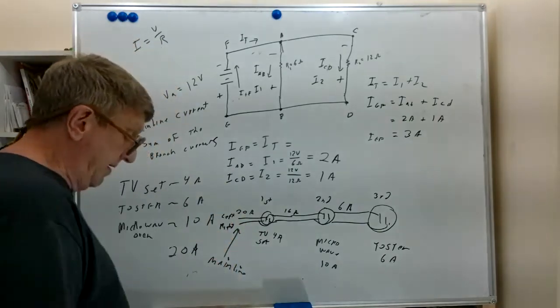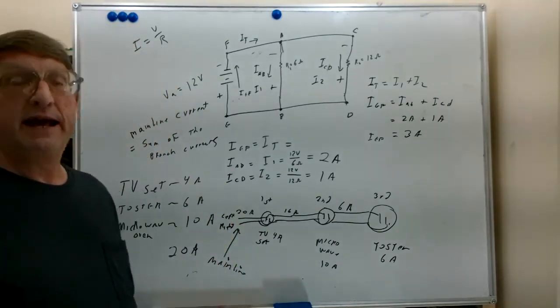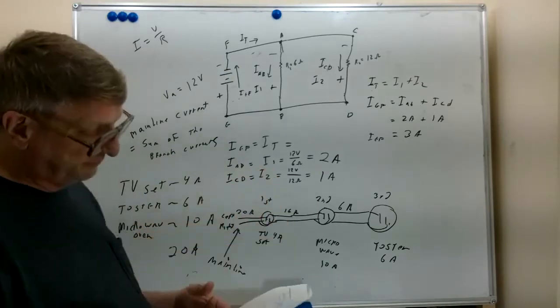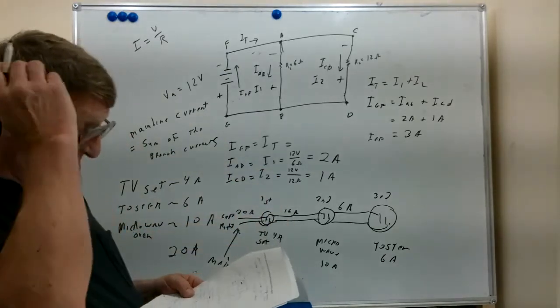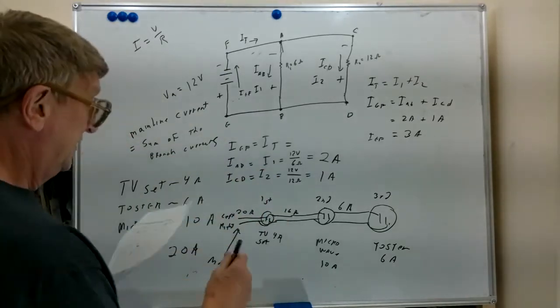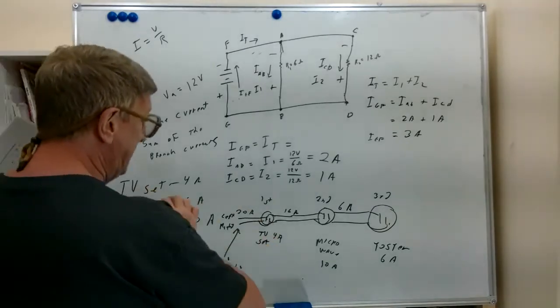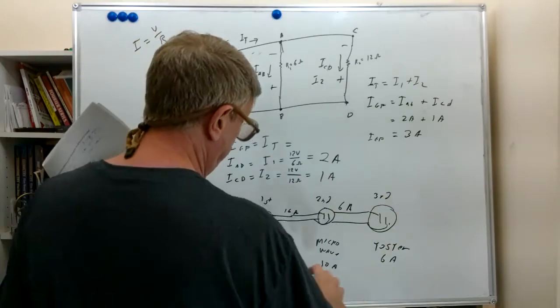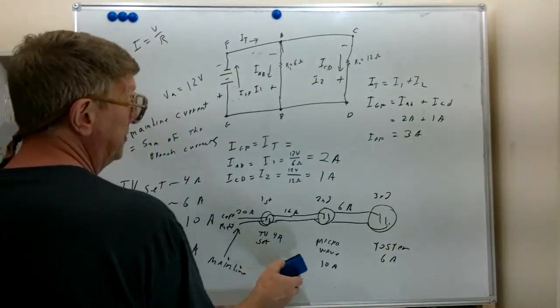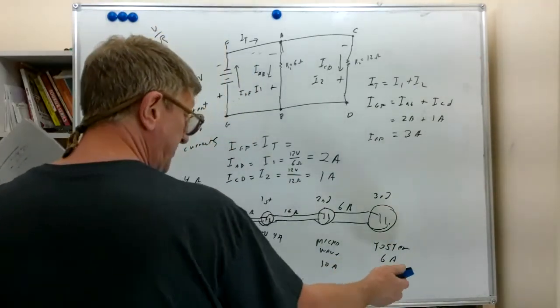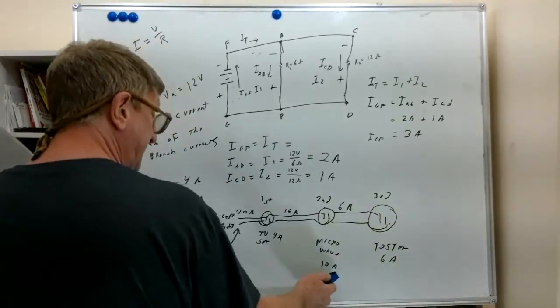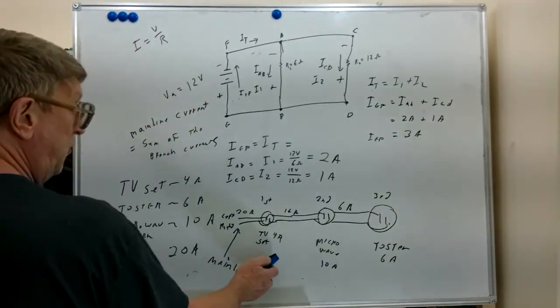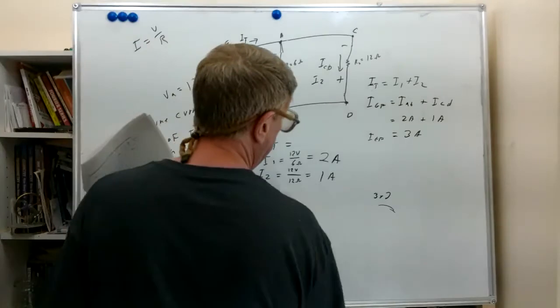So we created a big parallel circuit there, and we have shown how, in the main line and each section of wire further past each power consumer, the current becomes less and less. Or if you went the other way, you start with 6, then you add the 10, you add the 4, and it would add up to the full 20.